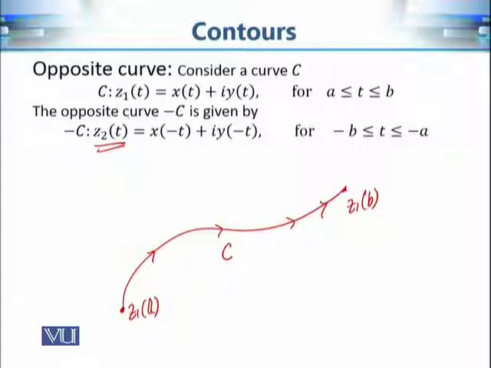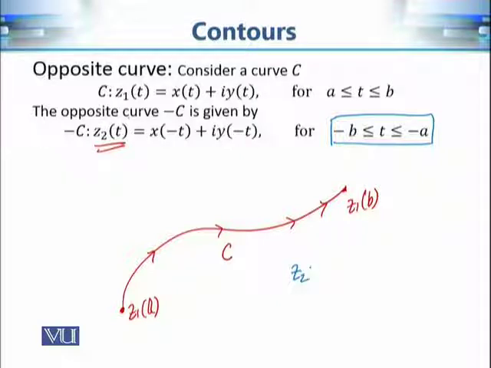Now if you want to find a parameterization of the same path, where we follow the same geometrical path but the direction of motion is opposite, then we just replace t with minus t and change the interval from a to b to minus b to minus a. This is the trick that will be helpful for us when we will be trying to evaluate different contour integrals.